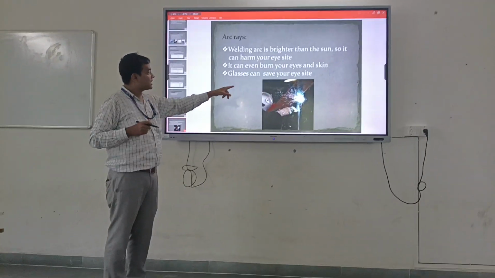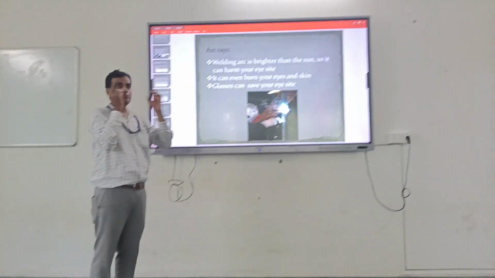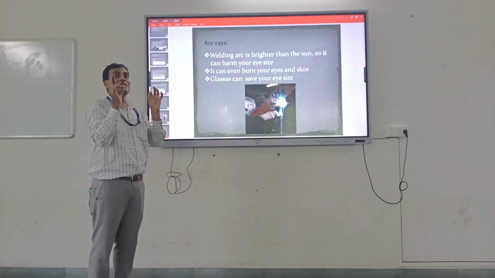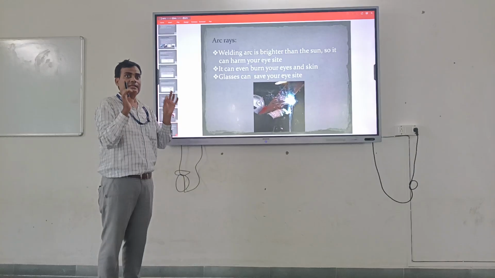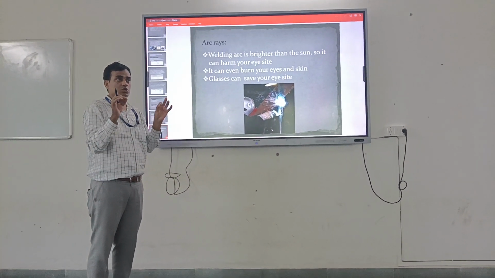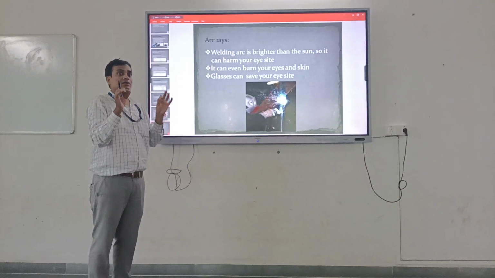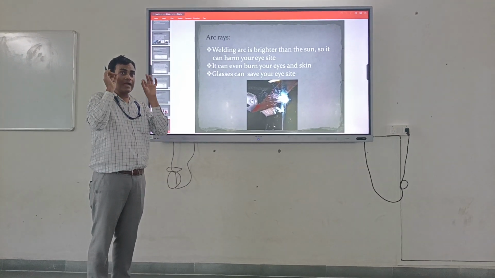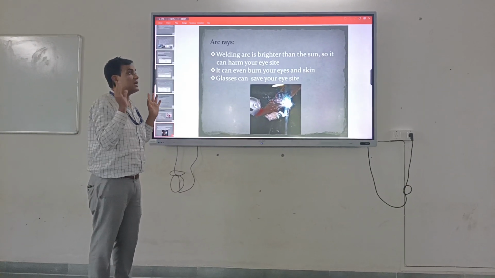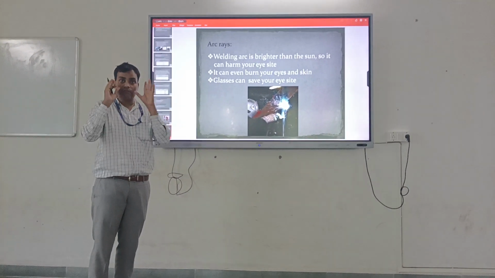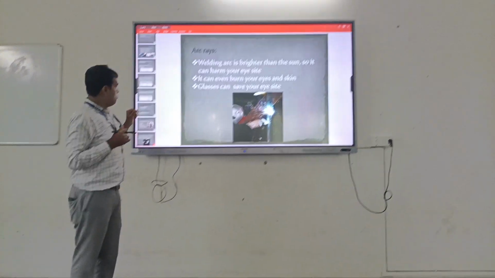So we could protect from it by using the glasses, specific glasses available in the market. We should use them properly, and your glasses should be located at proper places, otherwise it will surely damage our eye.